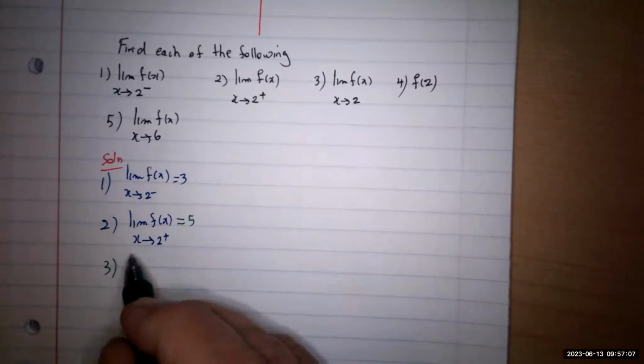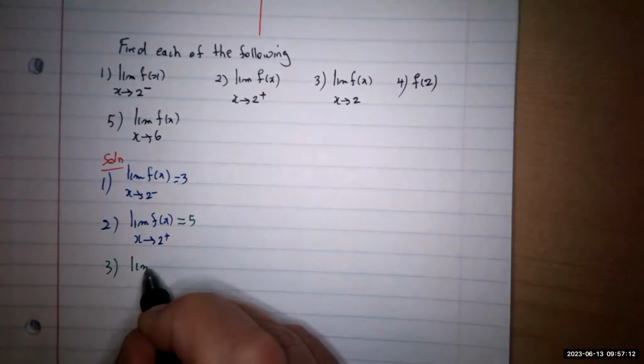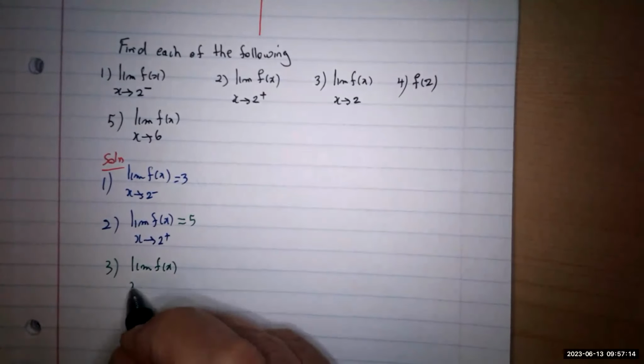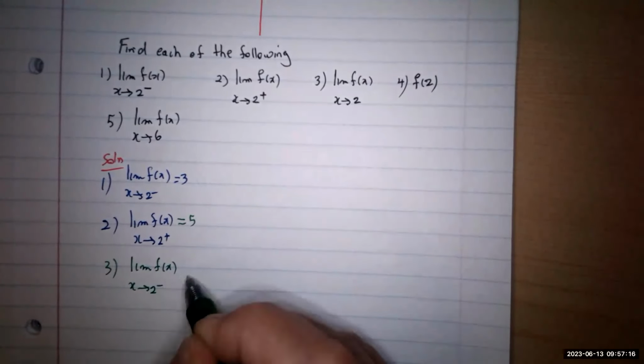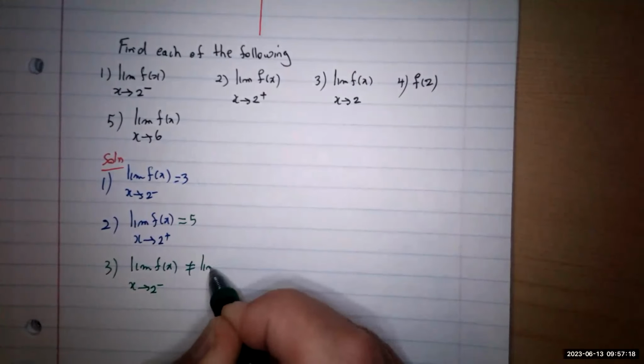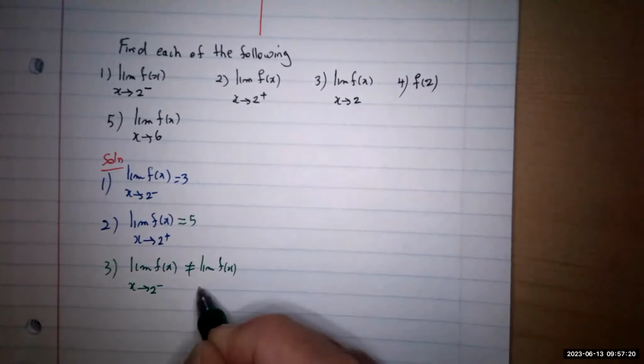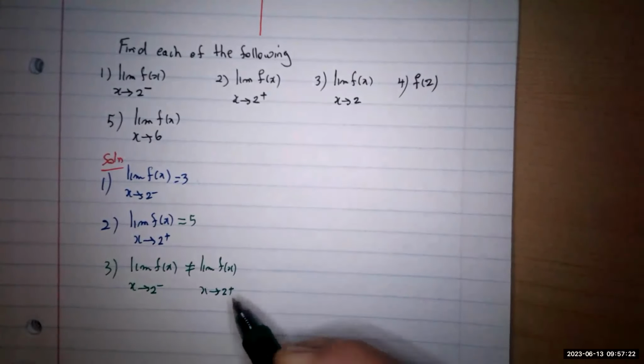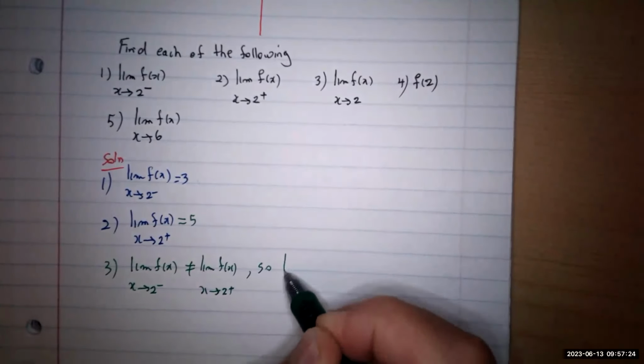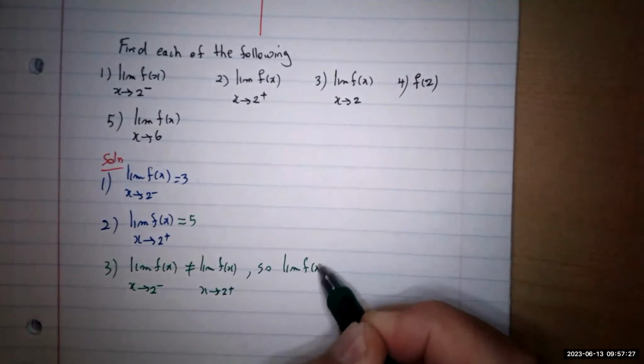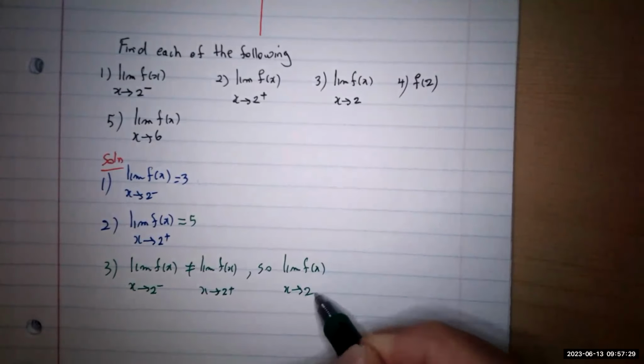So you explain it: 3 is not equal to 5. Or, the limit of f of x when x goes to 2 negative is not equal to the limit of f of x when x goes to 2 positive. So the limit of f of x when x goes to 2 does not exist.